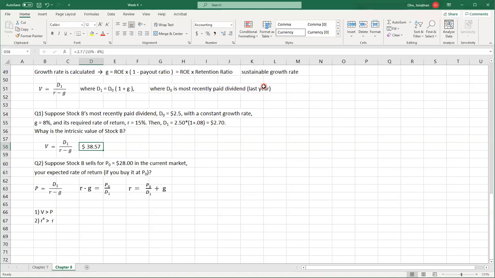Our intrinsic value, the theoretical value, is $38.57, but the current market price is $28. Would you think this is an attractive investment? Would you like to buy? Anybody?